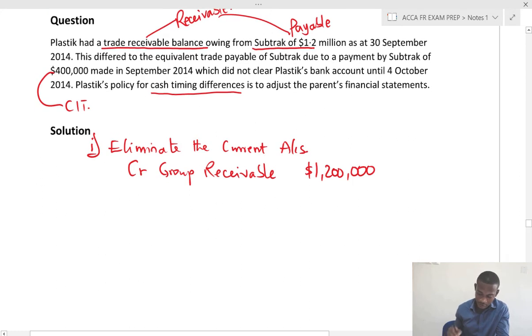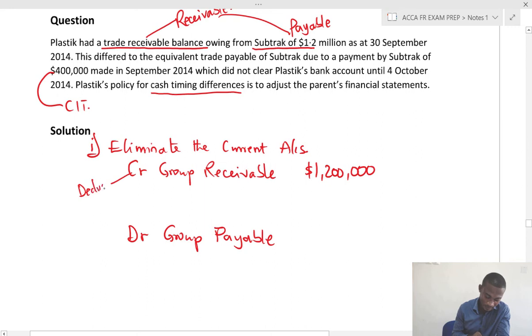Now the corresponding would be that the payable account, which is the group payable, as part of the liabilities, current liabilities, we debit to remove. So we are deducting it. Please note that this credit is deduct. This debit is also deduct.